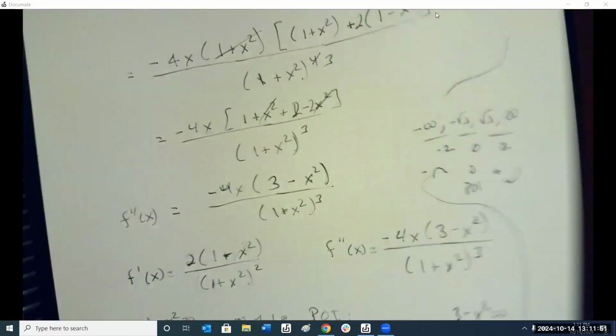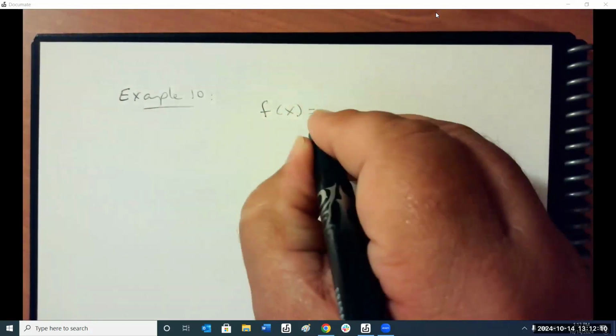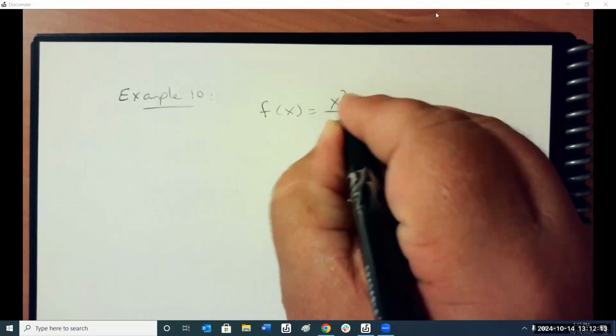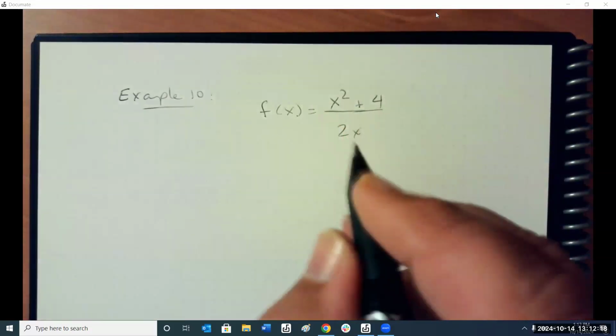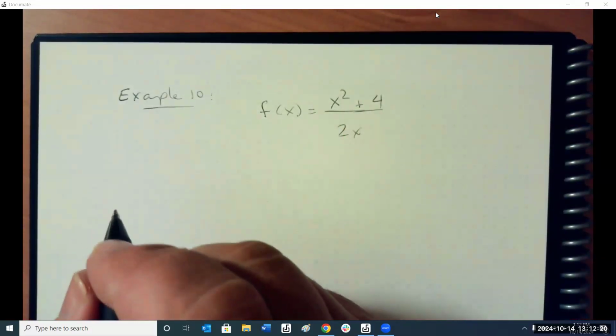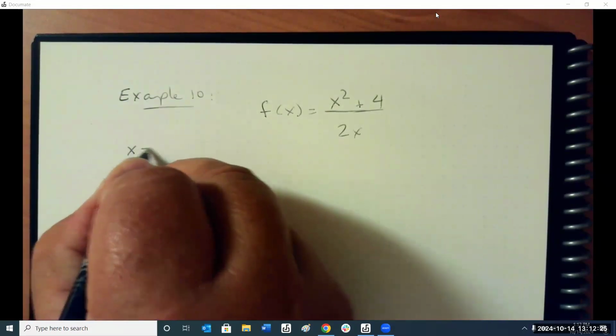Example 10. Sketch the graph. f of x equals x squared plus 4 over 2x. So we know x cannot be 0.